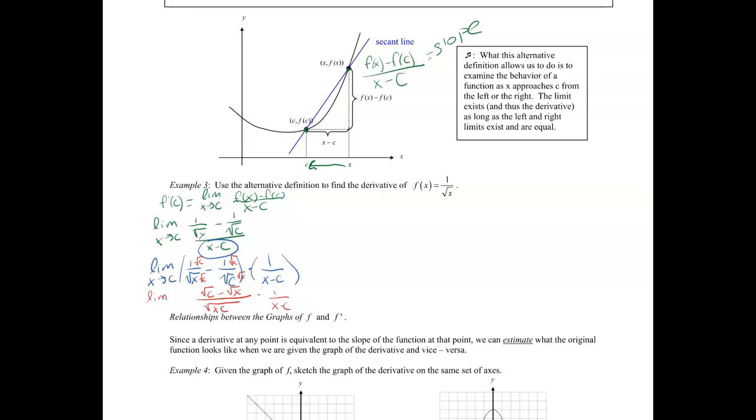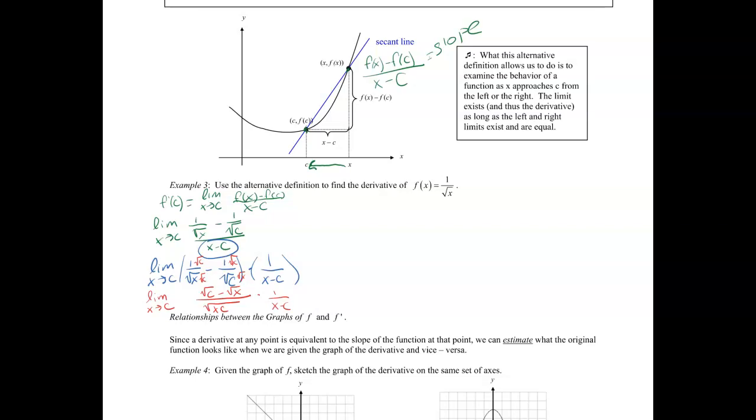I'm not going to lie, it's probably not my favorite problem, but it is what it is. Then I've got these magical square roots that I really would rather not have, so to get rid of those up top, I am going to multiply by the conjugate.